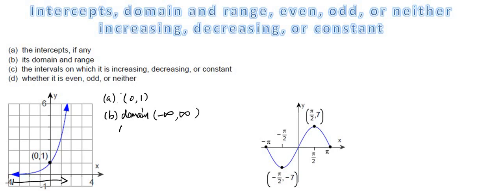And the range is about y values. We can draw an arrow from downside to upside, and the basic idea is to try to find the lowest point and the highest point.